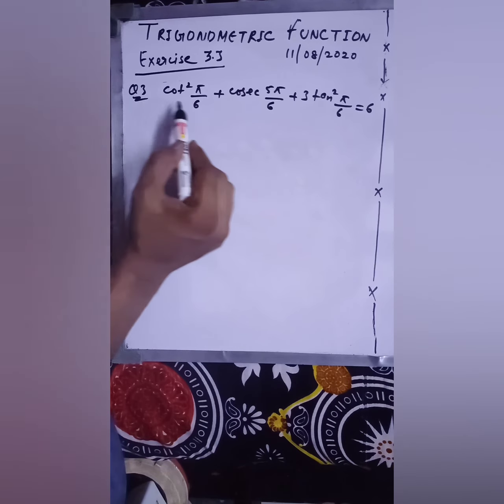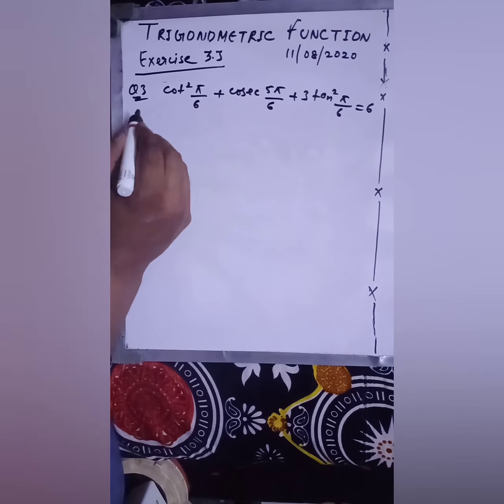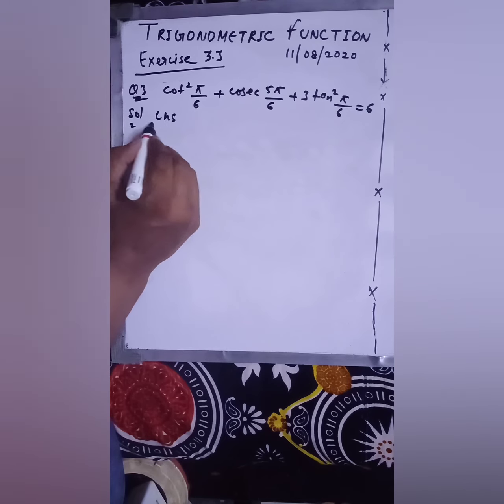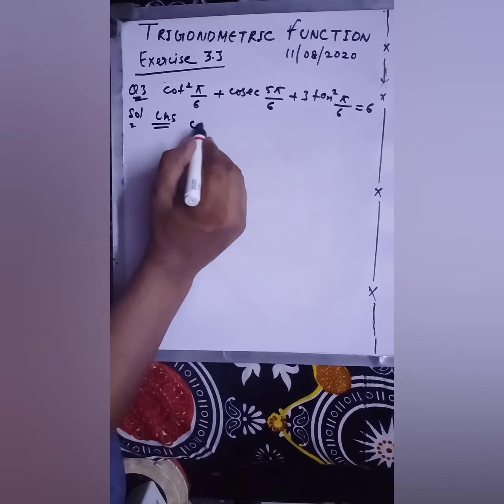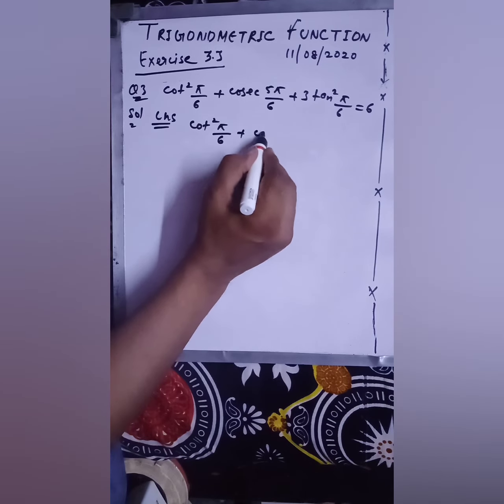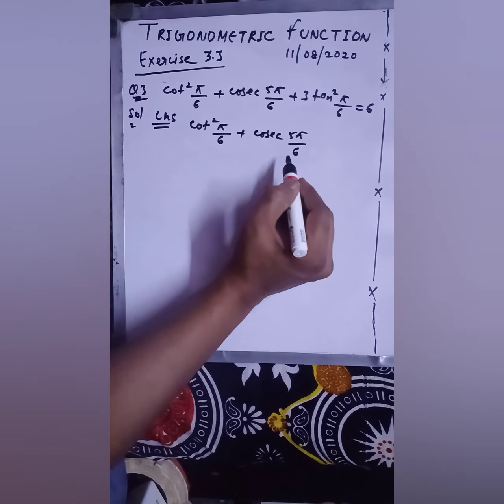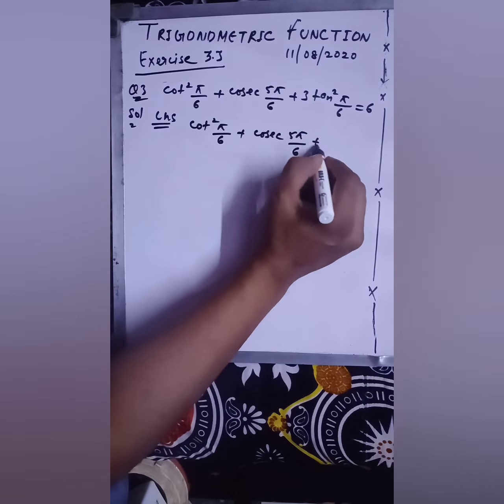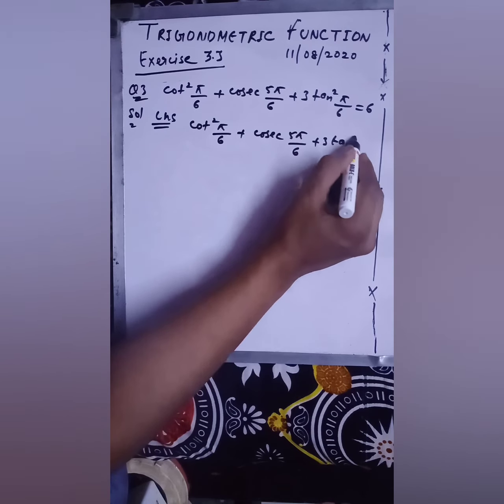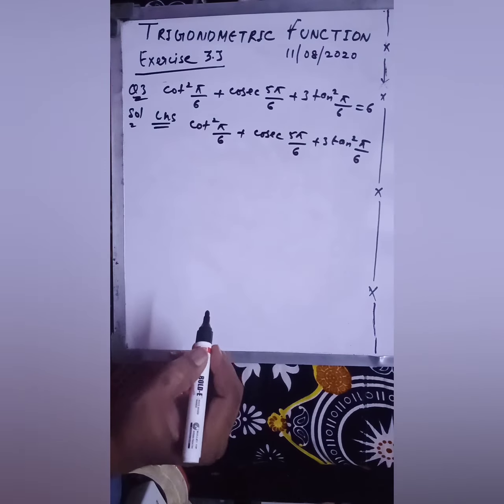Here this question is given to us and we have to prove that it is equal to 6. So here is the solution. I am taking the left hand side of this question, which is cot square pi by 6 plus cosec 5 pi by 6 plus 3 tan square pi by 6.